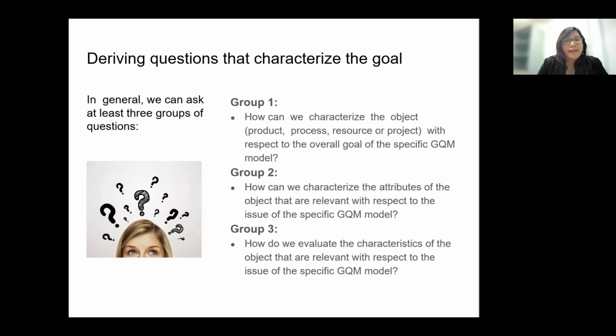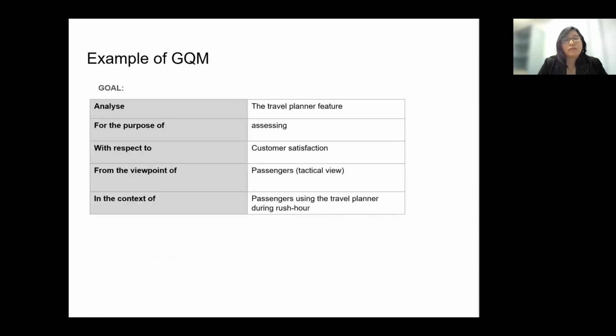So let's see an example of these questions based on our goal of assessing customer satisfaction of the travel planner feature, where we can formulate a set of questions derived from this goal.